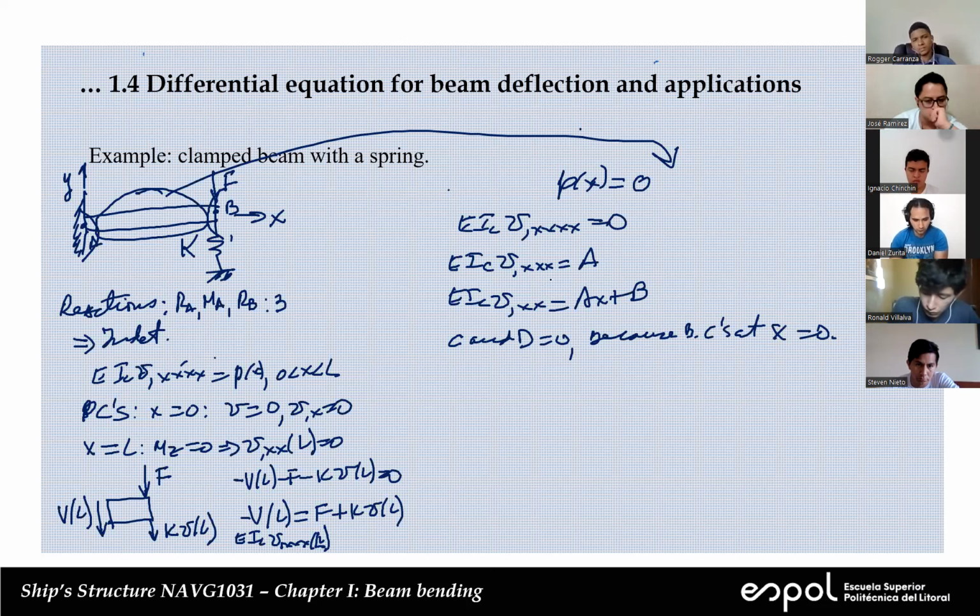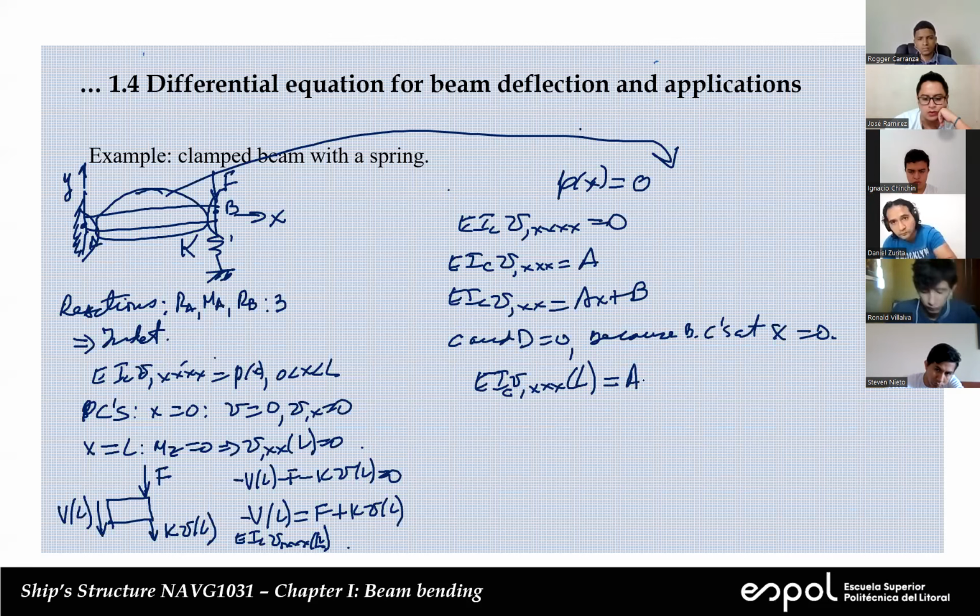So we have to worry only about A and B. Now, for this, I have this boundary condition and this boundary condition. So we said EI sub C V comma 1, 2, 3, evaluated at L, is going to be equal to A, and it's equal to F plus K V at L. So that's one equation.